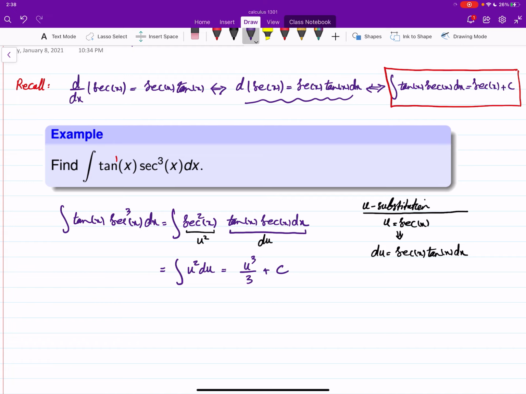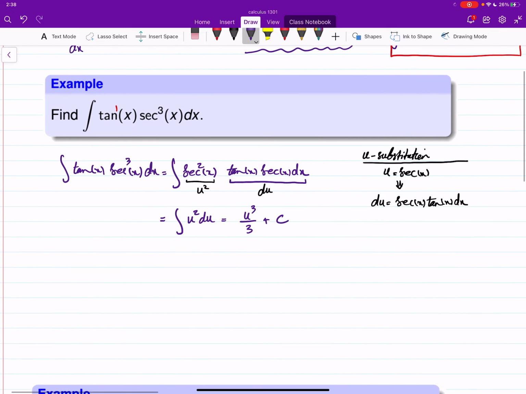But we are not done with substitution, because there's this very last step, that you have to plug back your original function, in this case secant x, as u in the final answer. So this is secant to the power 3 x over 3, plus c.